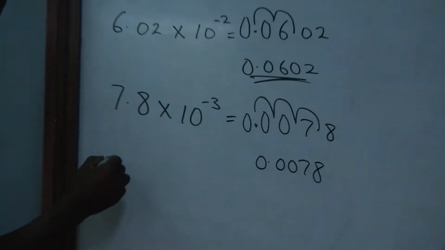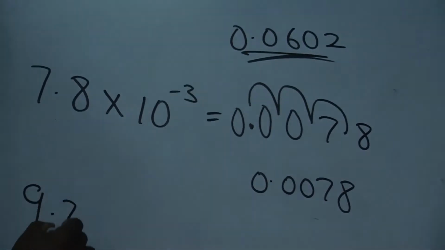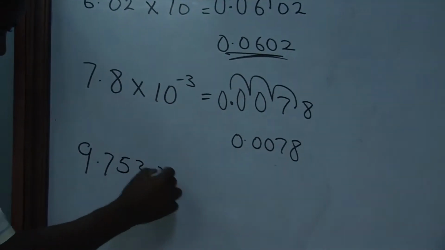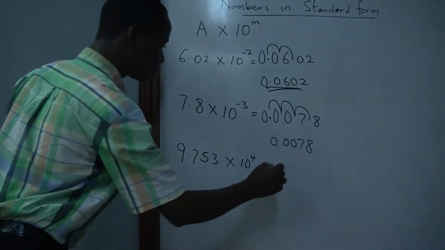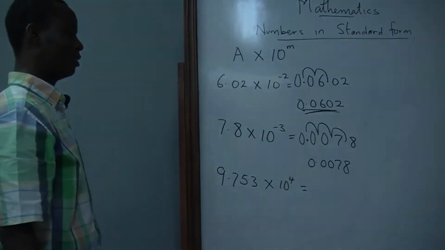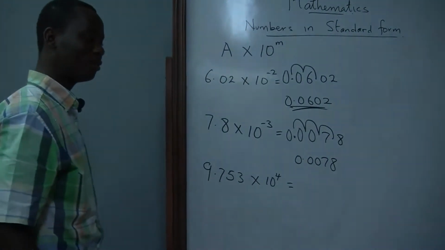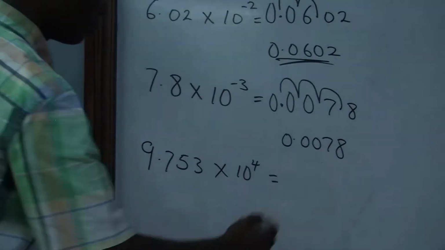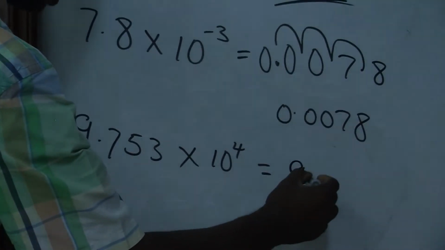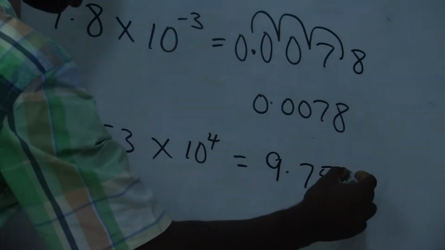Okay, more. When we have 9.753 times 10 raised to the power of 4. Because it's positive, it will be moving towards the right. So we're going to be having 9.753.